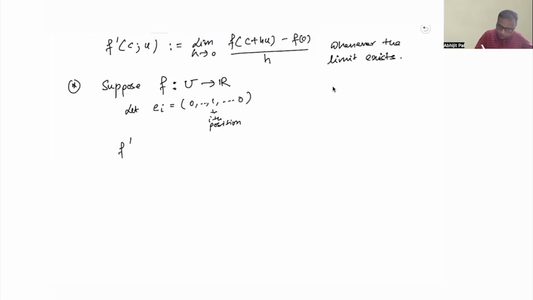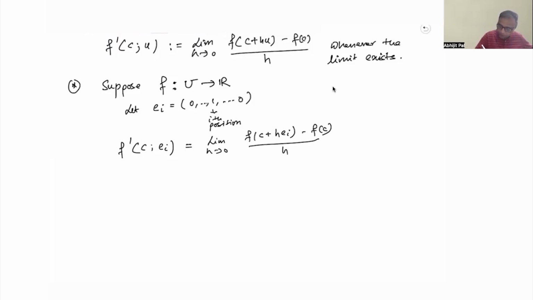What will be f prime C e_i? As per the definition, this is the limit as h tends to 0 of f of C plus h e_i minus f of C, divided by h.